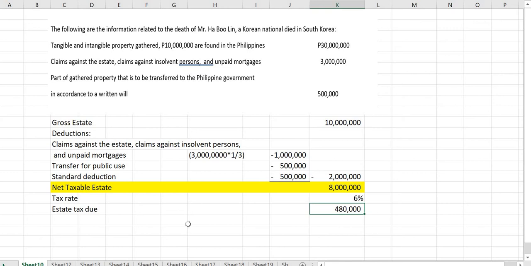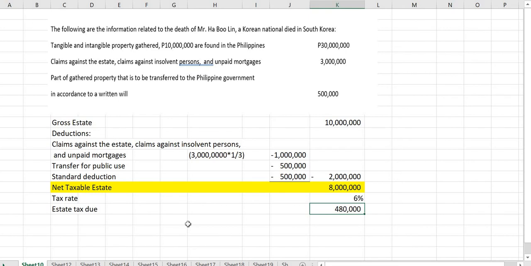They are also allowed property previously taxed, PPT, or transfer for public use for as long as those properties are situated in the Philippines. And they are also allowed to claim standard deduction and net share to surviving spouse if married.